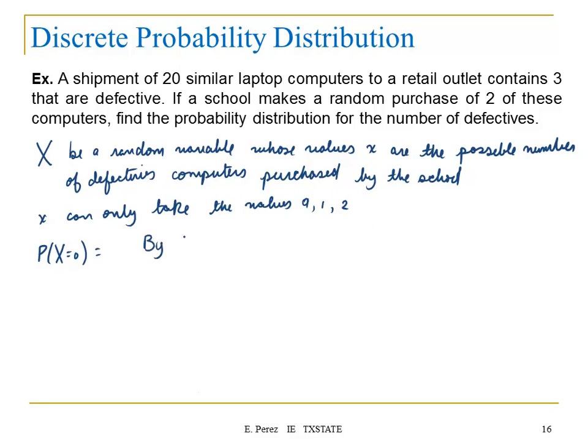By theorem 2.6, we can use this to find the number of combinations of n distinct objects taken r at a time. So our probability for x equals 0 is defined by the number of outcomes of selecting 2 and none of them are defective. We're starting with x equals 0.